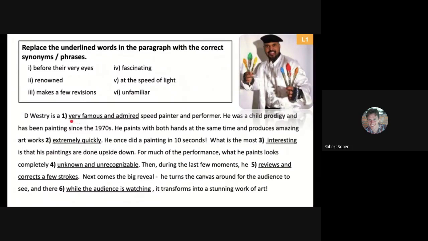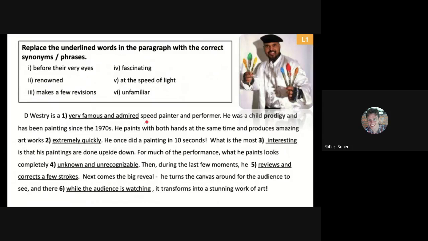So here we've got, for example, Dee Westry is a very famous and admired speed painter. And there is a word up here, or a phrase, which can replace these underlined words. Very famous and admired.